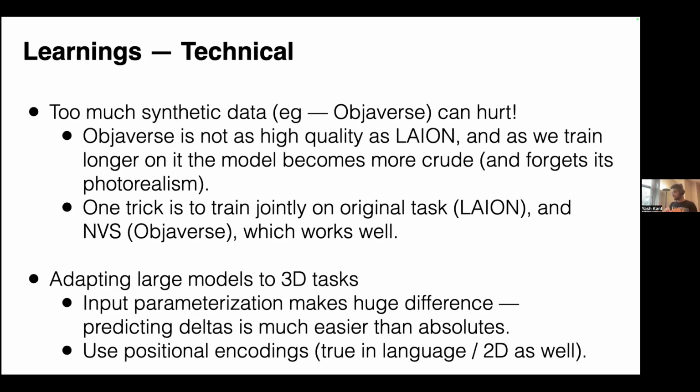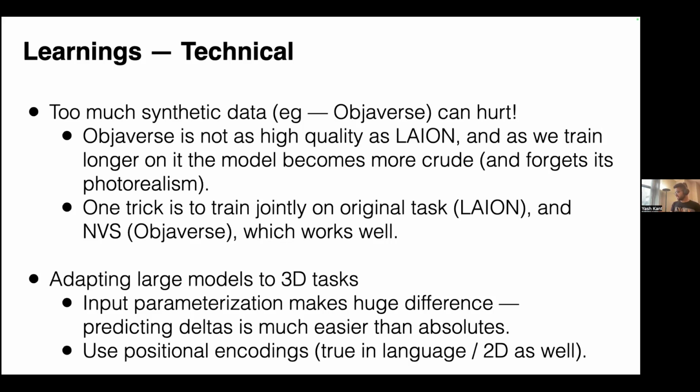A simple example, maybe not directly related to these works: if you want to do human body pose estimation, to see how a person is moving in 3D space, I had this work before. We had two ways of modeling this. One was to directly predict the absolute pose given the previous pose, or we just predict the deltas. I always felt that delta prediction was much simpler for the model than directly generating absolute values, which involves copying the previous value and then adding things to it.